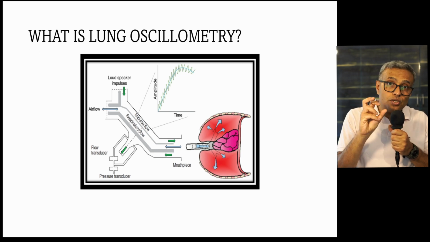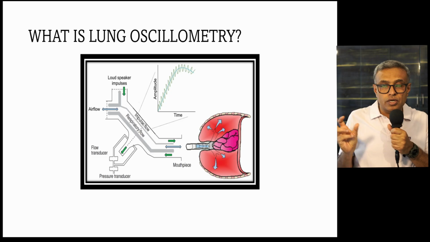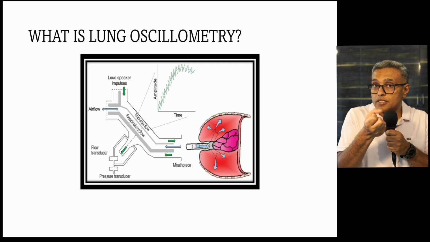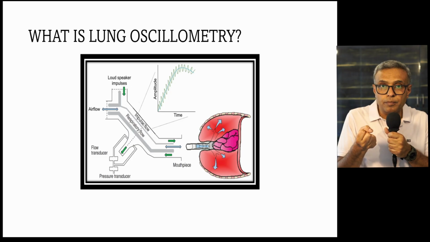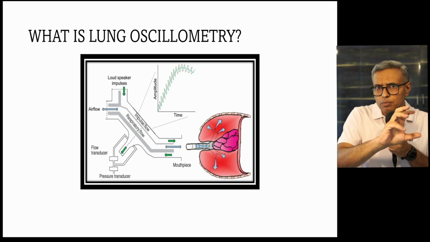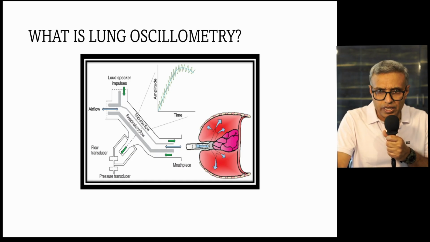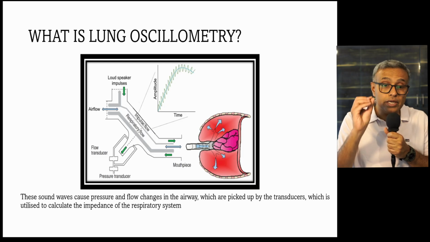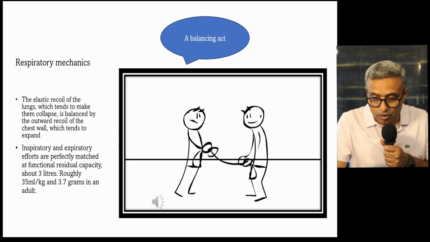These are pressure and flow transducers. In turn, you can pick up the resistance and the compliance of the lung, and that is all the lung oscillometry is. It is probably the simplest explanation we can give, but it doesn't end there. It is the beginning of our entire topic.